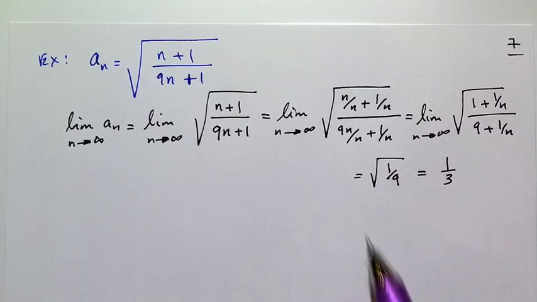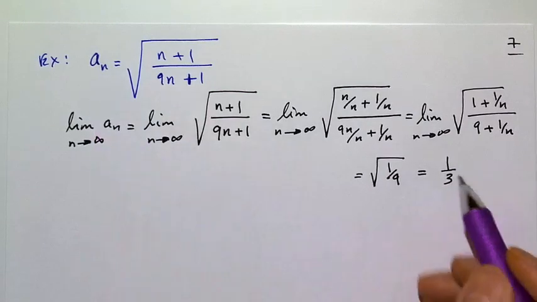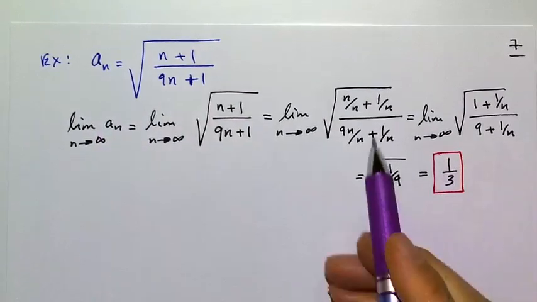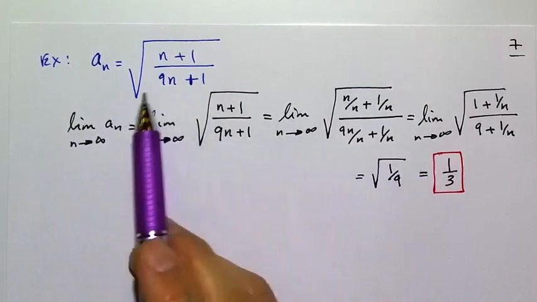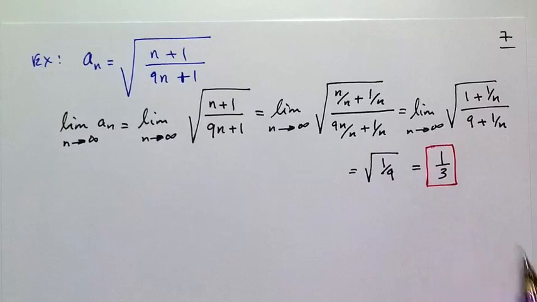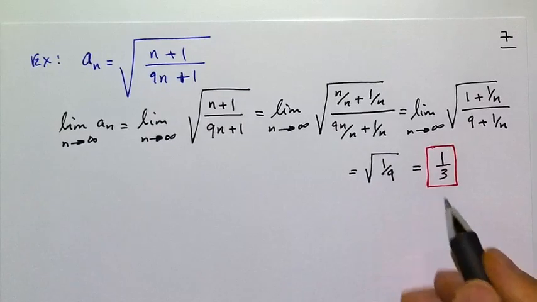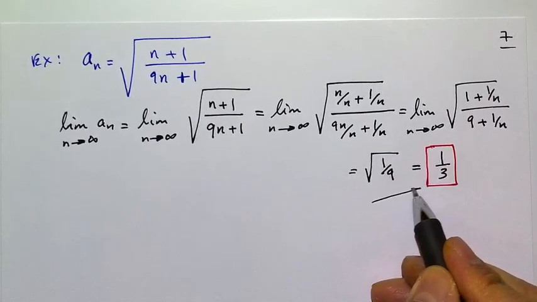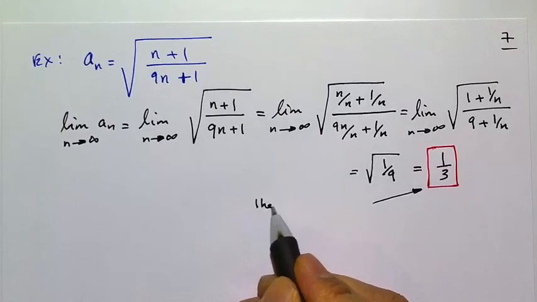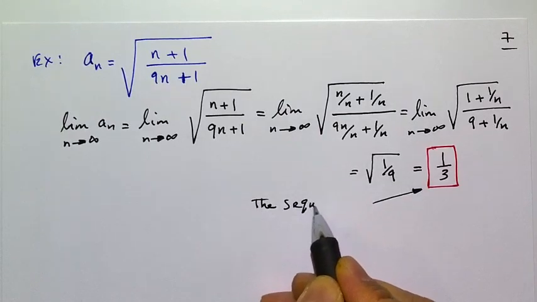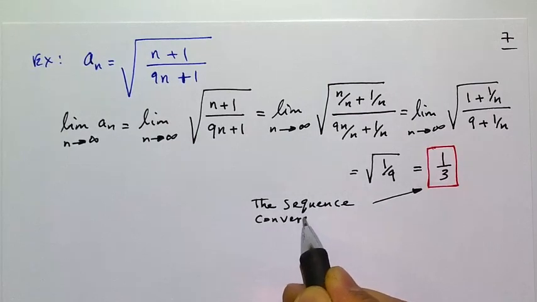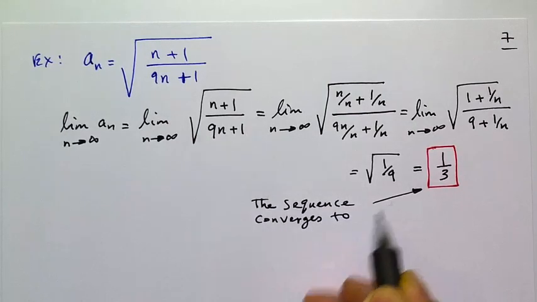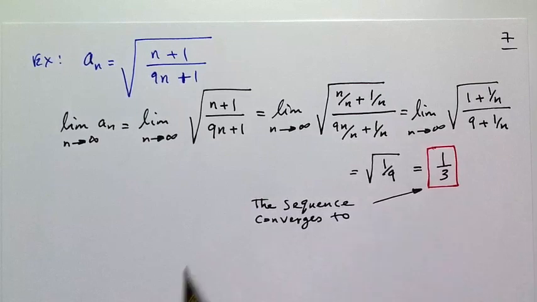So the sequence does converge to this value. So the sequence does have a limit, which is that. So the limit of the sequence then converges to that. Okay.